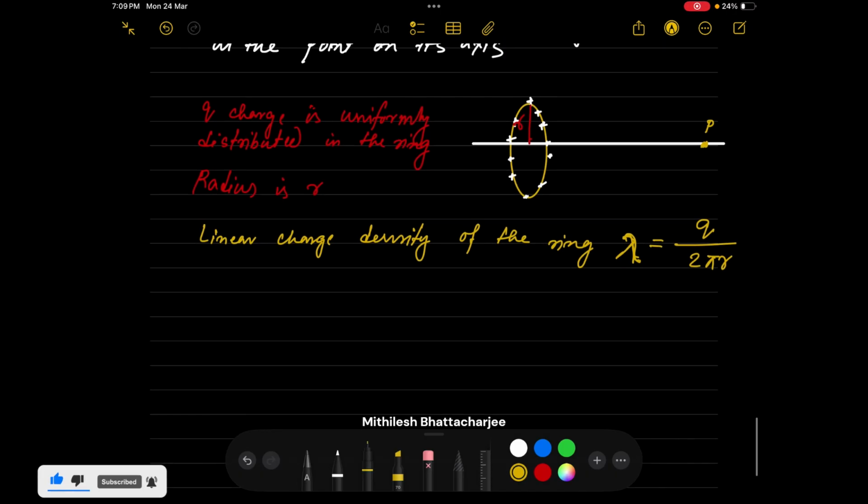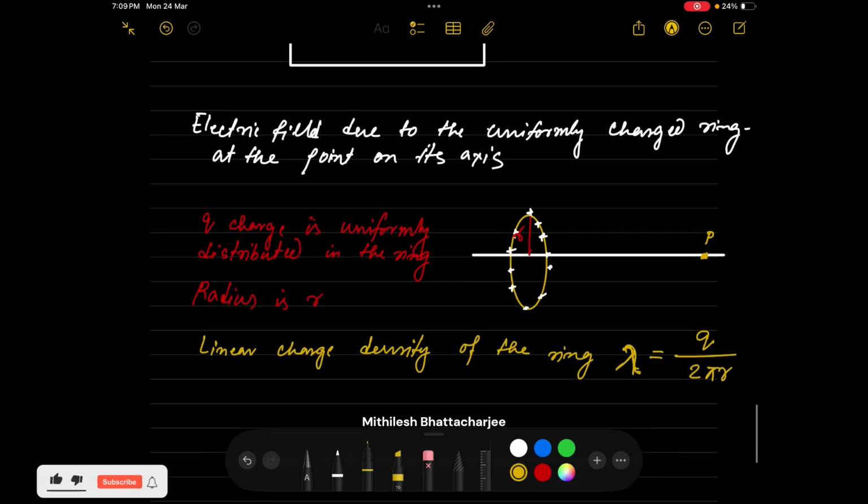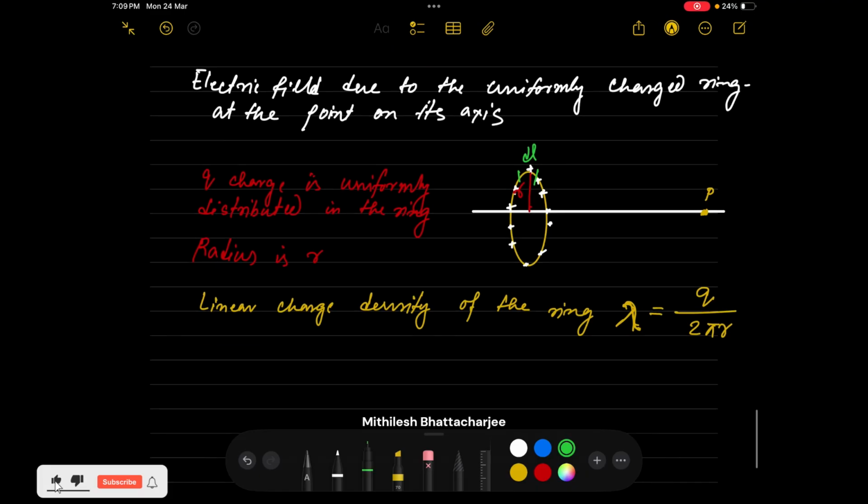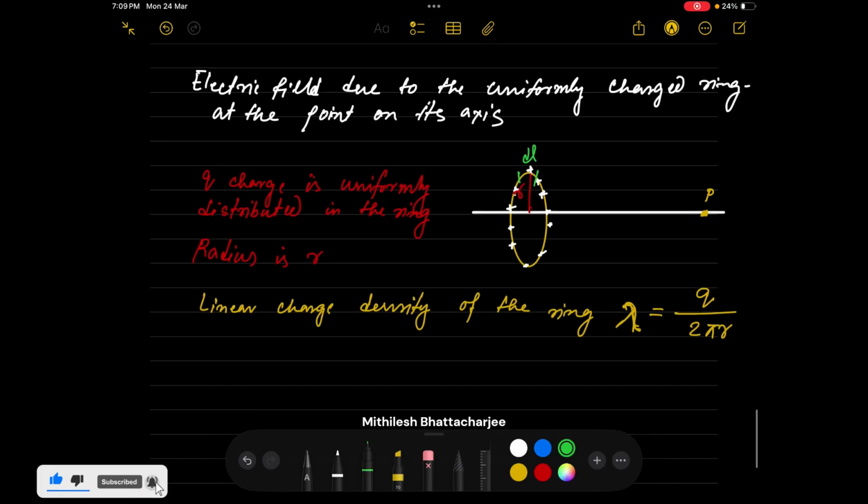Now, consider a small element dl of the ring.